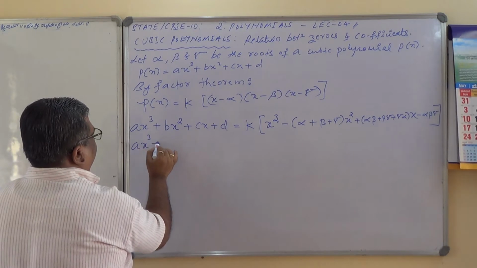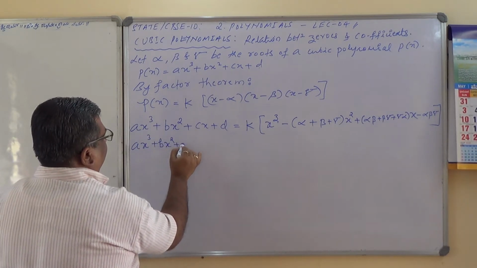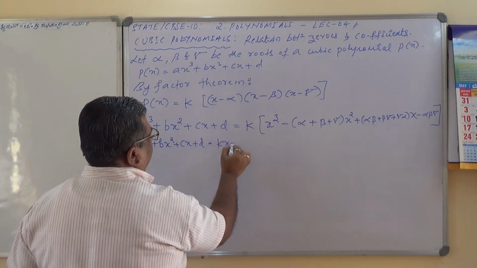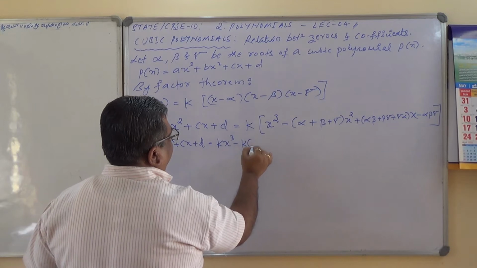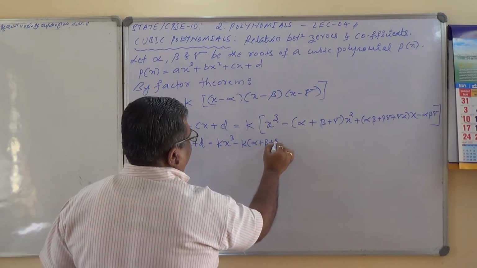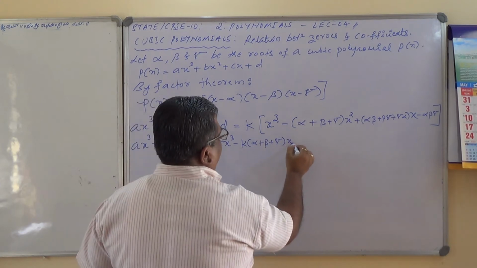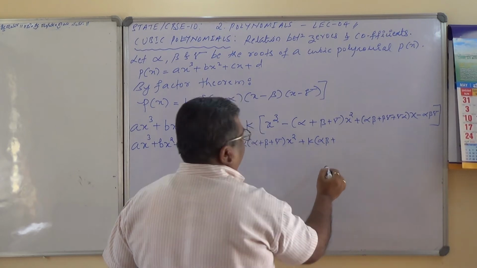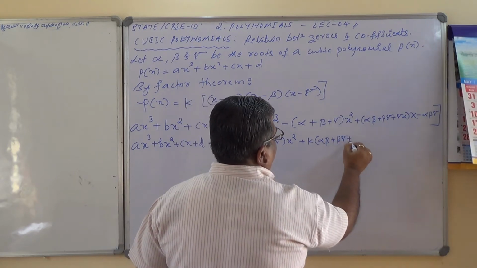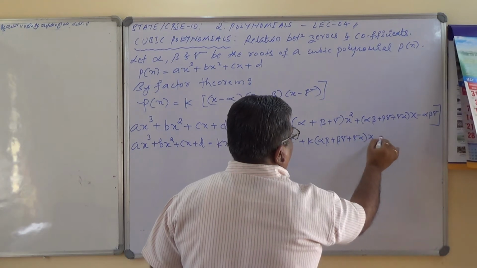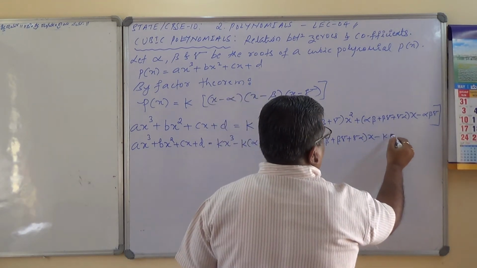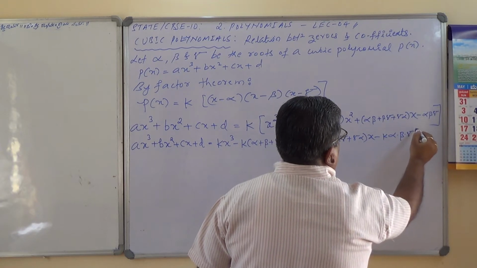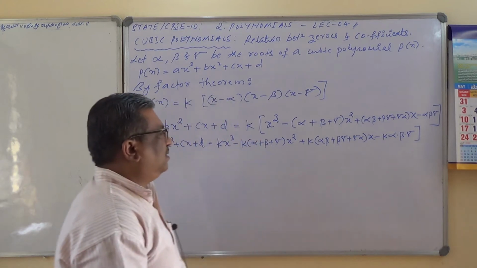Ax cube plus bx square plus cx plus d equals kx cube minus k times alpha plus beta plus gamma x square plus k times alpha beta plus beta gamma plus gamma alpha times x minus k times alpha beta gamma. Yeah, this is finally what we get.